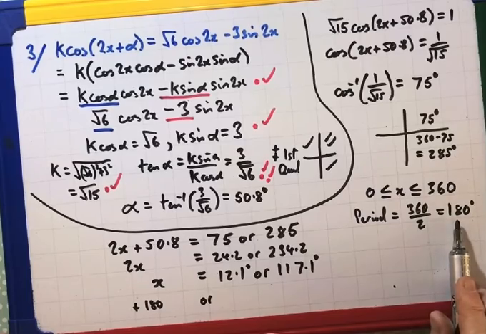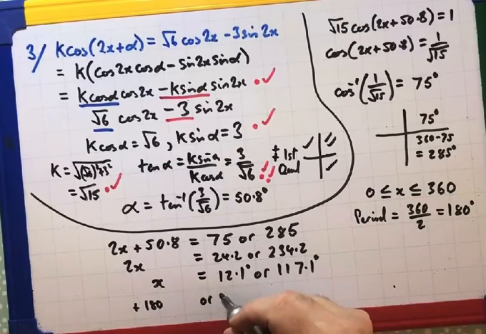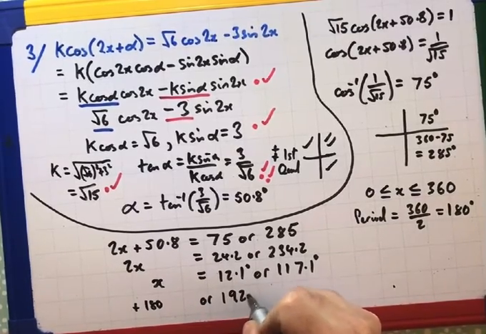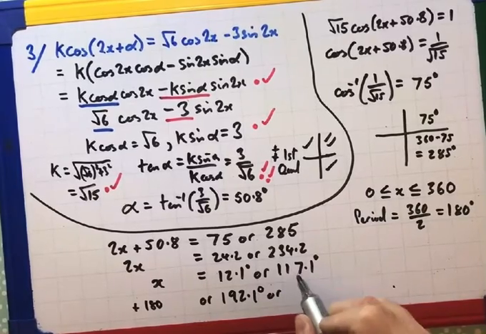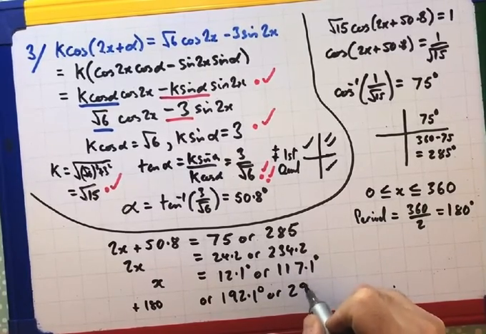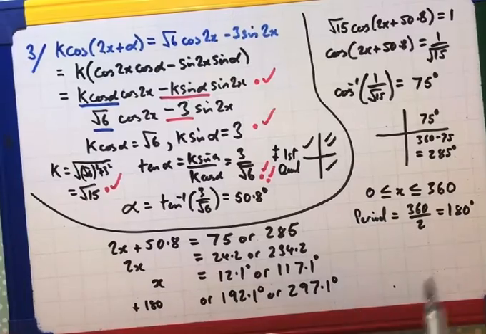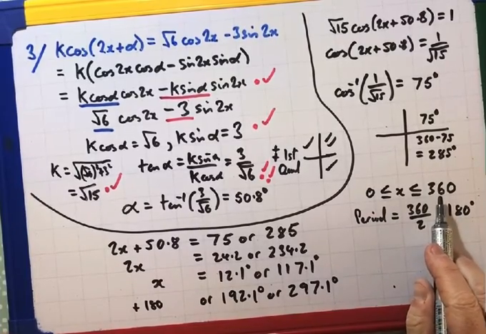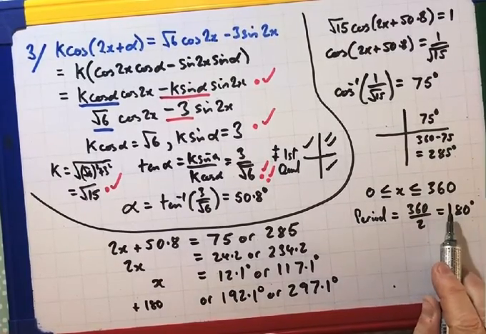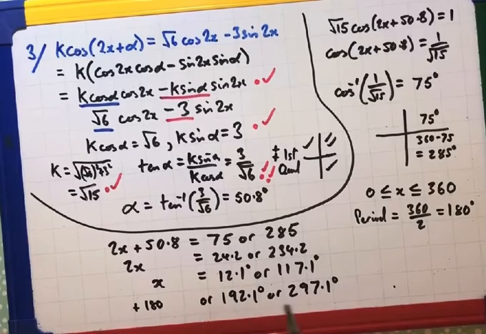So we can add 180 to that. That gives us 192.1. Or 180 to that gives us 297.1. Both of these are under 360, aren't they? I couldn't do it again because it'd take me over 360. But that gives us our 4 answers.